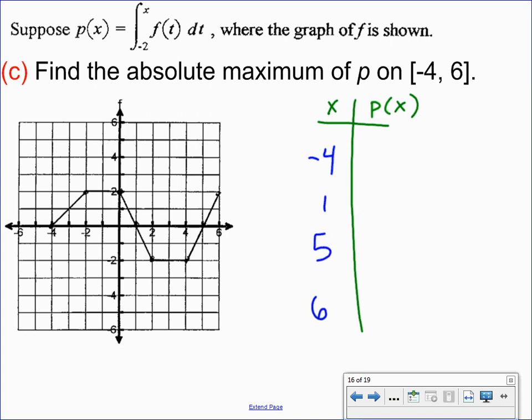Is that it? Now let's go ahead and evaluate my function P by considering it as an area accumulator. Scanning from x equals -2 to -4, P decreased in value. It would decrease by 2 units, so -2. Scanning from -2 up until 1, we add 1, 2, 3, 4, 5 units. Half times base times height triangle, 5 units, 5. So I'm getting 5. You guys get that?